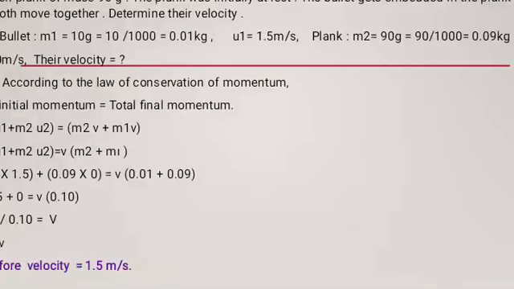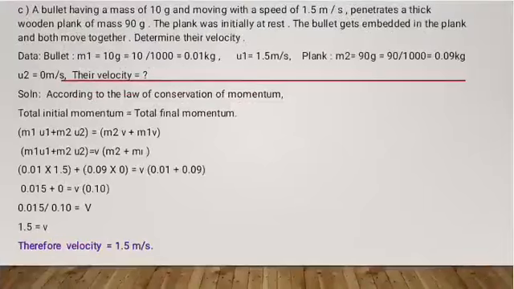See the third one. The question is, a bullet having a mass of 10 gram and moving with a speed of 1.5 meter per second penetrates a thick wooden plank of mass 90 gram. The plank was initially at rest, so its initial velocity u is 0. The bullet gets embedded in the plank and both move together. Determine their velocity.